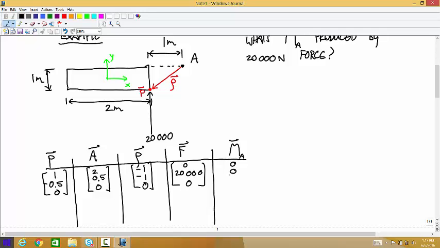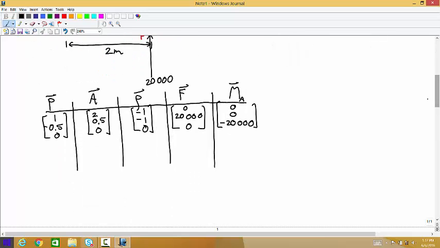And for z, you get negative 20,000. So M_A produced by that 20,000 Newton force is 0, 0, negative 20,000.